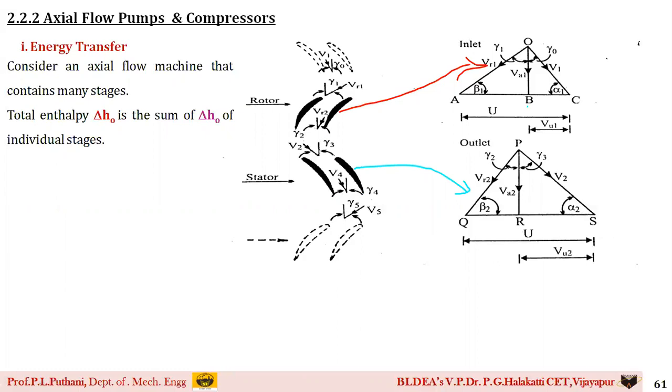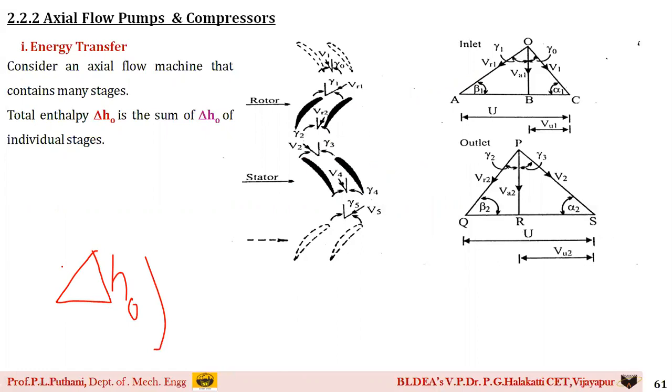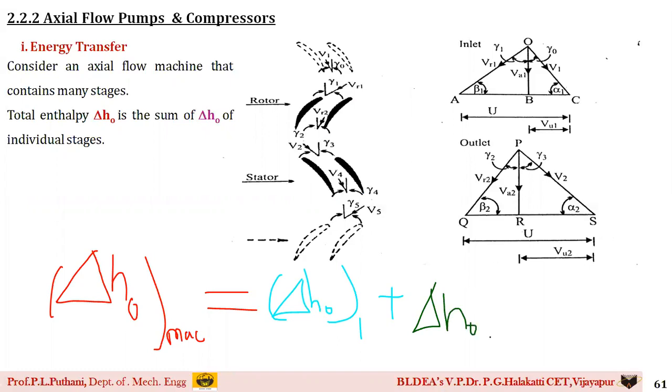Mathematically, how can we write this? Delta H naught of a machine is equal to delta H naught, the energy transfer for the first stage, then delta H naught for the second stage, then delta H naught for the third stage, and so on.